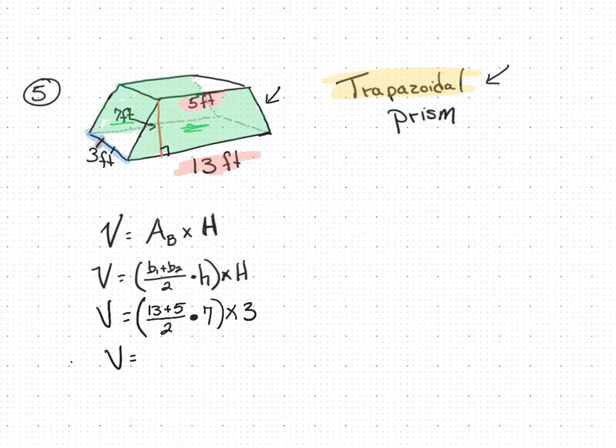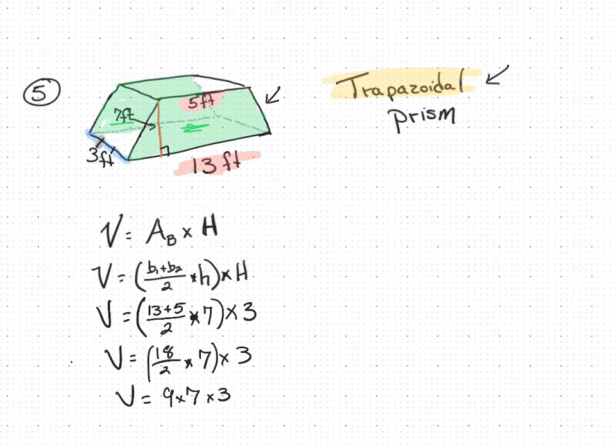So the volume is going to be equal to 13 plus 5, which is 18, divided by 2 is going to be 9, times 7 times 3. Sorry, I keep on changing up my multiplication sign. I apologize for that.